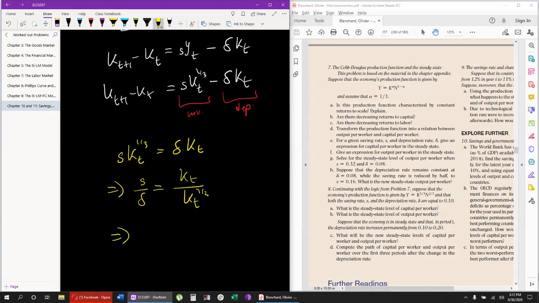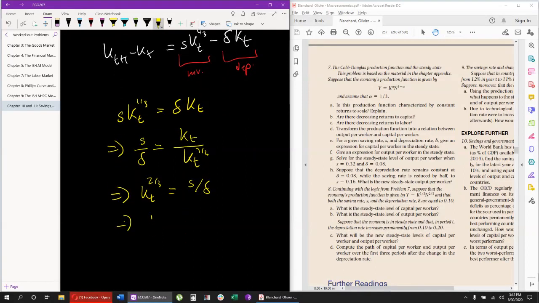Further simplification, we get k_t to the power 2/3 equals s by delta, or k_t is equal to (s by delta) to the power 3/2, right? And this is what we had to find in part E.